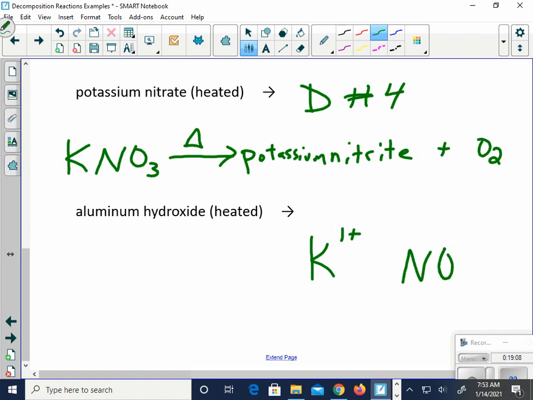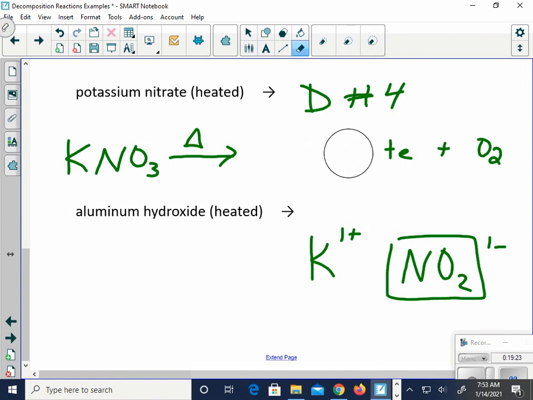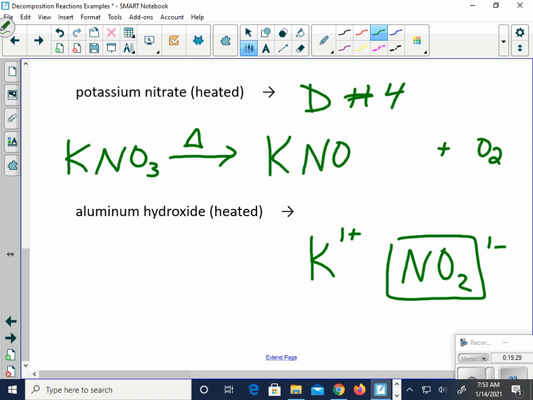Well, I know that potassium is K 1 plus. I know that nitrite is NO2, 1 minus. So I am going to get my potassium nitrite is going to be KNO2 and oxygen.